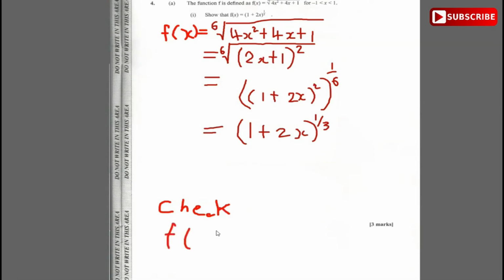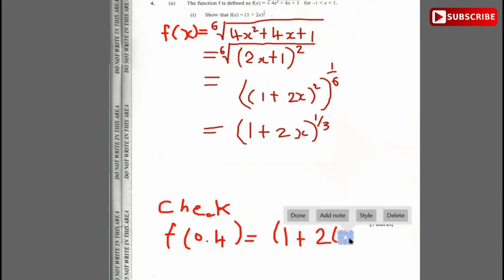F of 0.4 is going to be equal to, doing the check around here, 1 plus 2 times 0.4, and all of this is raised to the 1/3.